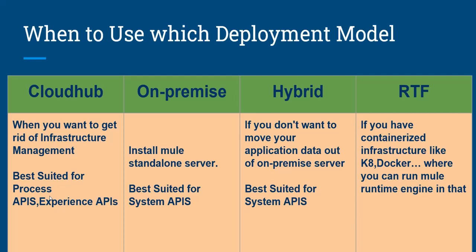With the on-premise model, you have to install your Mule standalone server on your own, and this is best suited for system APIs, because we cannot give end users direct access to system APIs, all right? They remain on-premise or on legacy systems. So you can choose the on-premise model for any system APIs.